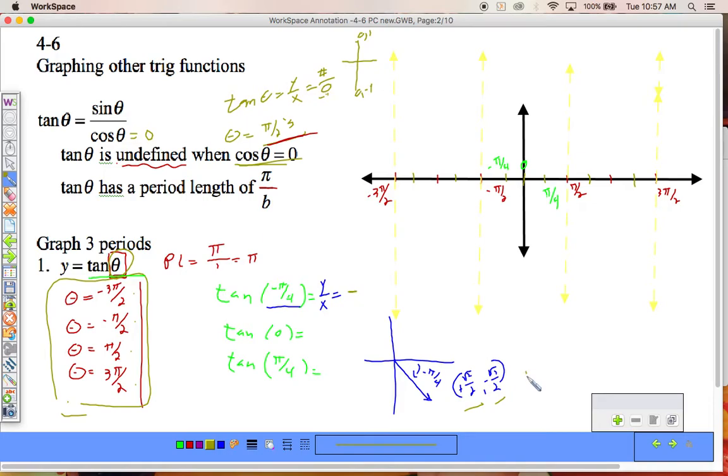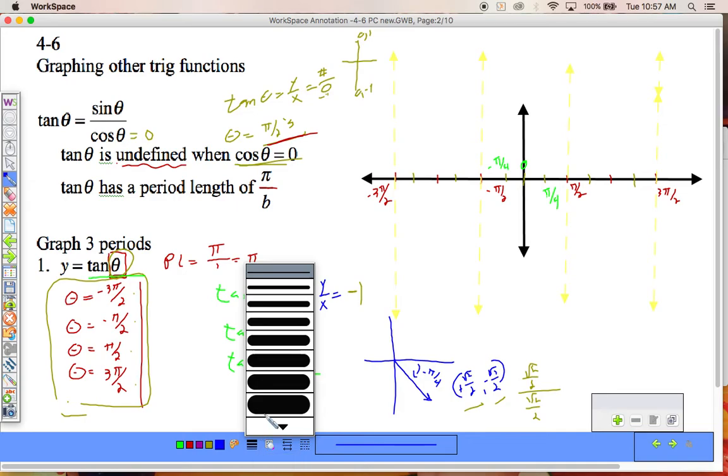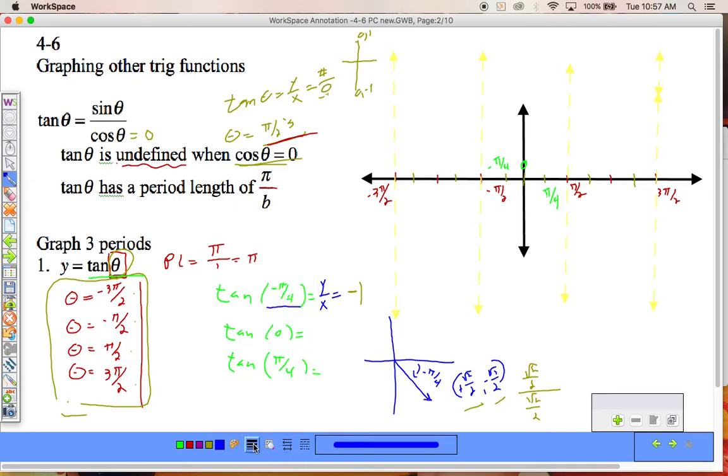And then I'm going to take the square root of 2 over 2 divided by the square root of 2 over 2, which is just 1. So the tangent of negative pi over 4 is the value negative 1. So I'm going to go down 1 and put a point at that place.